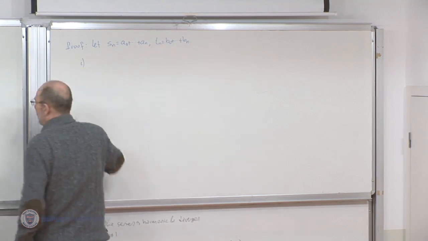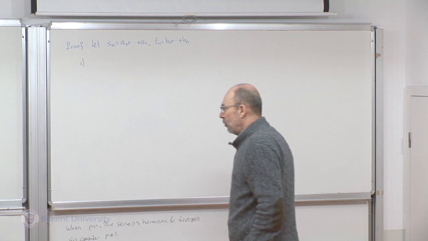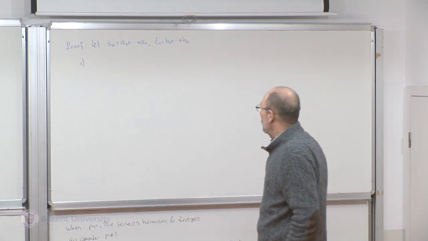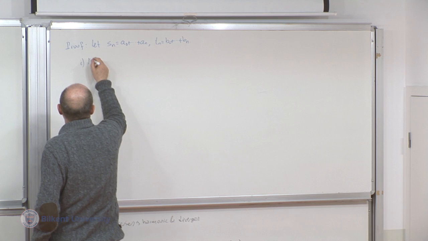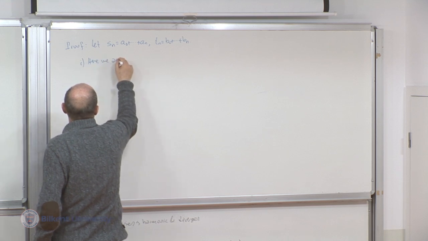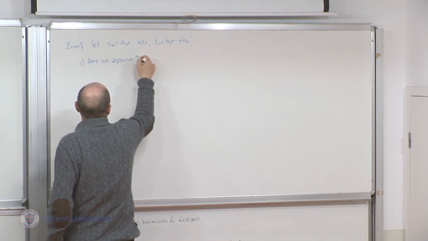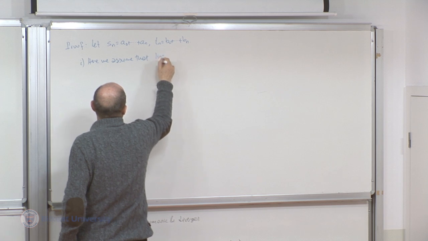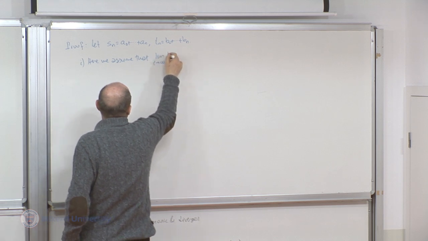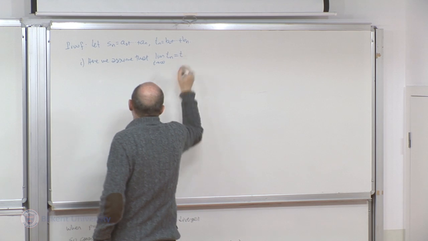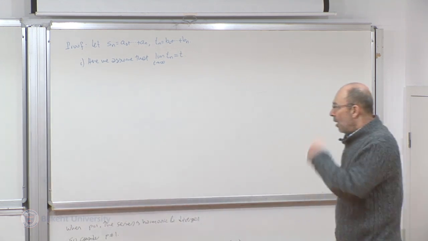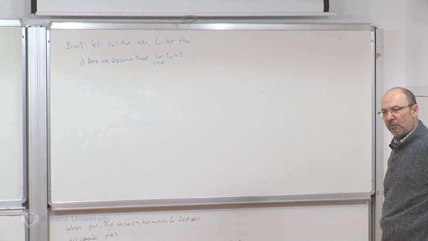For the first part, we are assume that summation Bn converges. So here we assume that the limit as n goes to infinity of Tn exists, and it is equal to some number T.